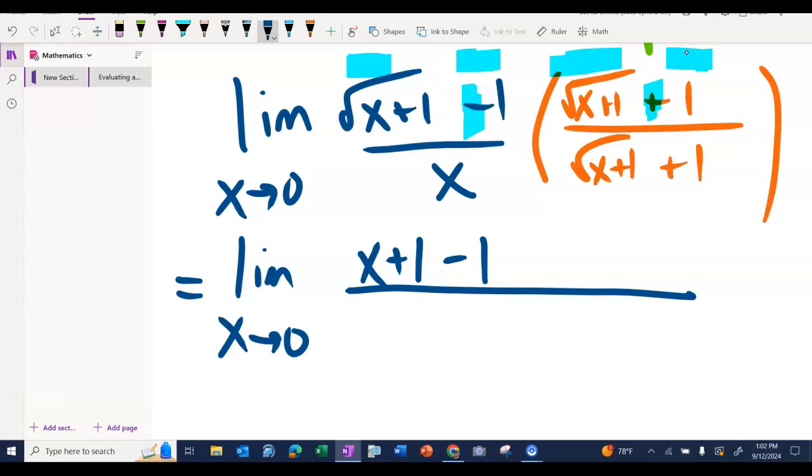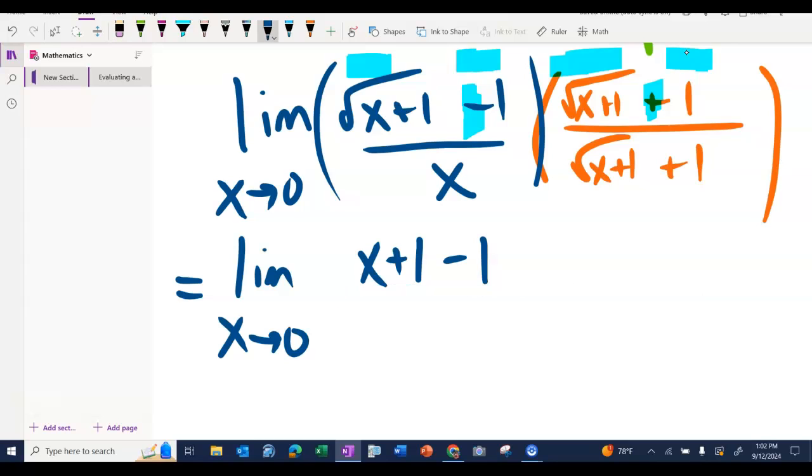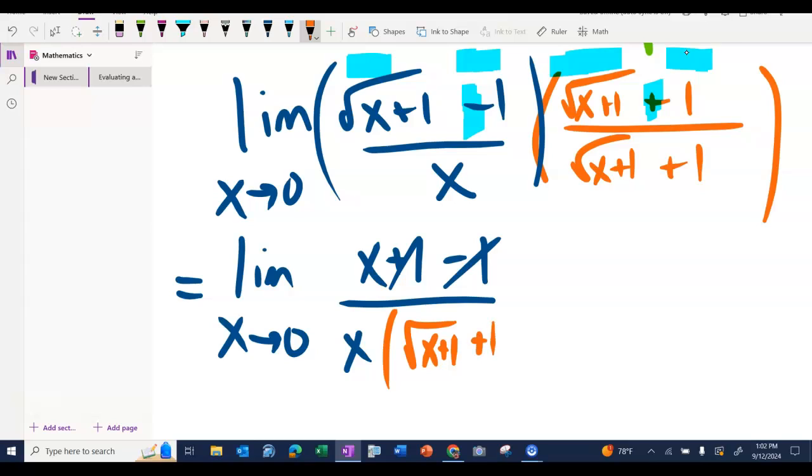So when I expand the numerator, those conjugates, I really end up with a nice, easy expression. In fact, I just end up with x. On the bottom, I'm not going to expand all this mess because I have a feeling that something is going to clean up. And it will.